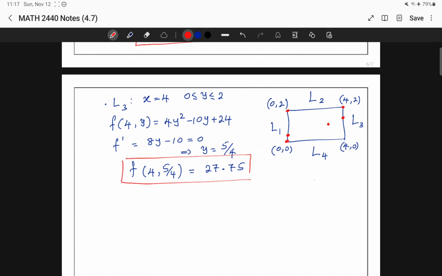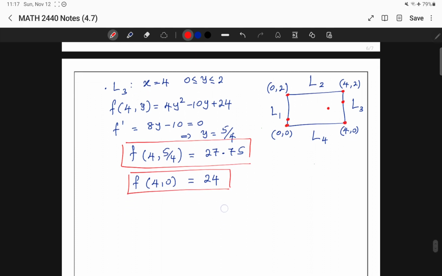Actually, we are not done with L3 because we have to take care of the boundary here, so (4, 0). The function value at (4, 0), you plug it in and you should get 24. Now we are done with L3.